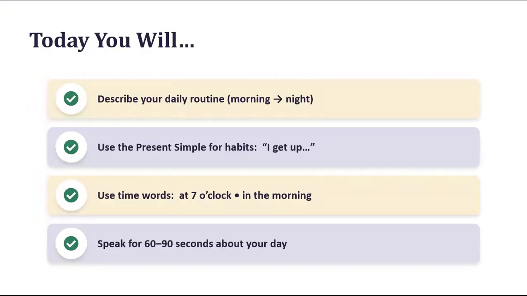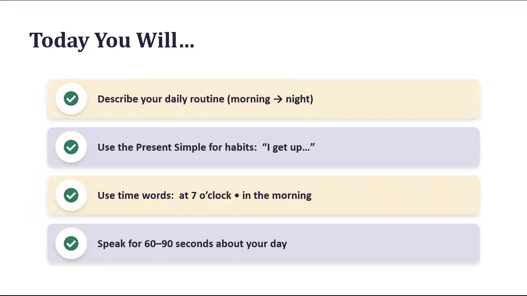So today you will learn to describe your daily routine, morning and night, or morning till night. You will use the present simple for habits, and you can also watch my other video regarding present indefinite or simple present tense.